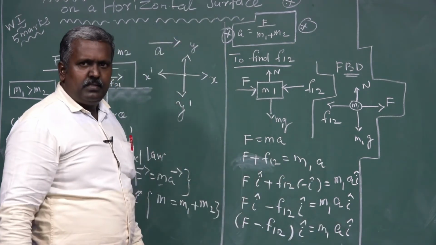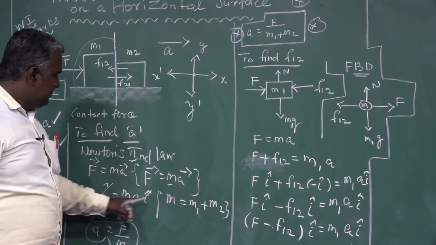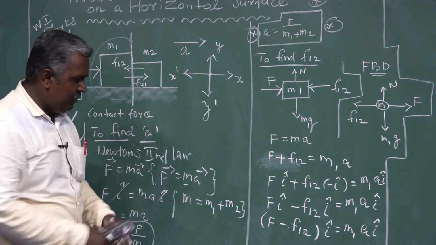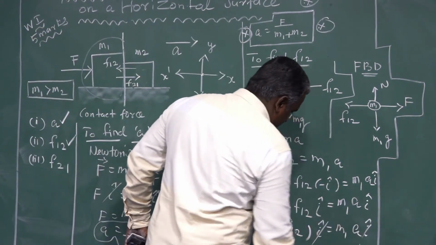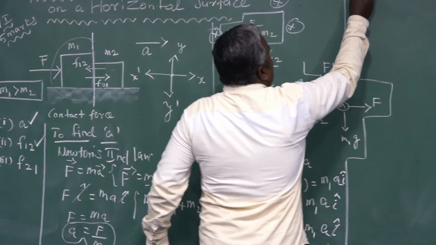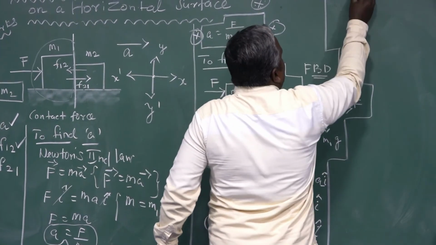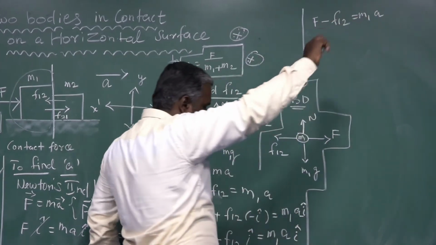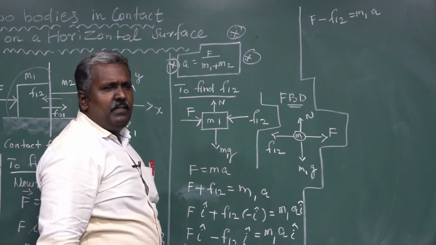Comparing components on both sides, i cap cancels. What's remaining? Capital F minus F12 is equal to M1 a.